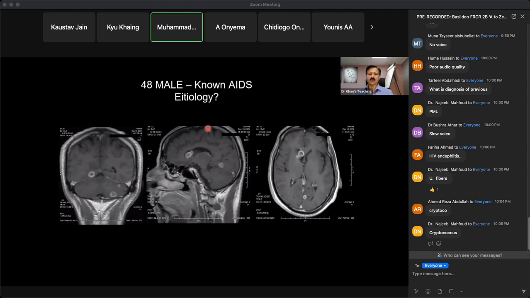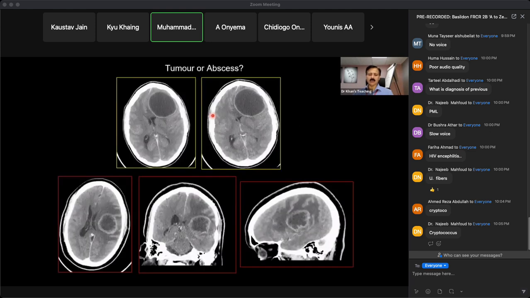So of course, when you see a ring enhancing lesion, toxoplasmosis and TB, both of them will be there. Now, tumor versus abscess. In the exam, I can show you this case, and your differential will be that it is an abscess or a necrotic tumor. Please remember, a necrotic tumor means it's a high-grade tumor.